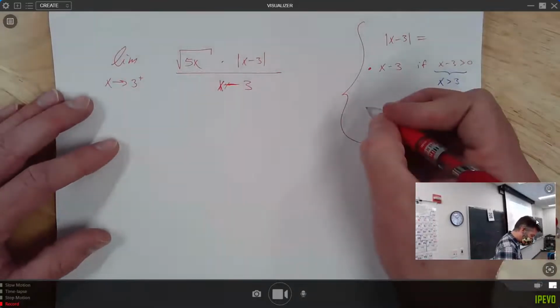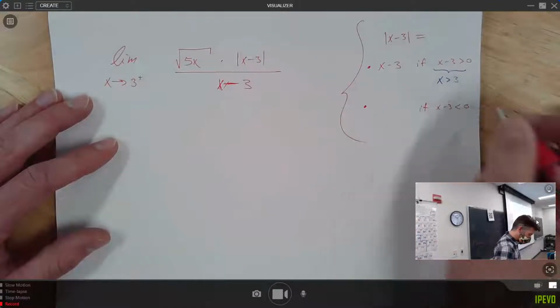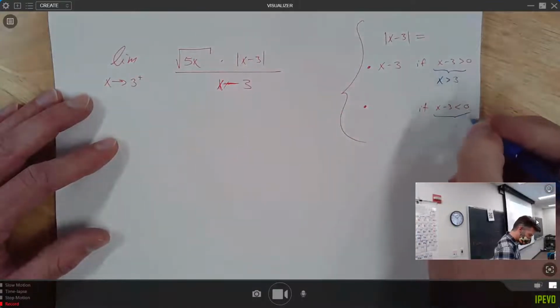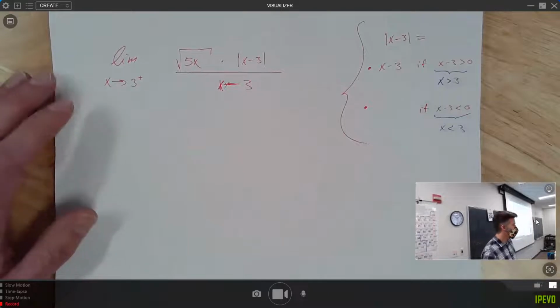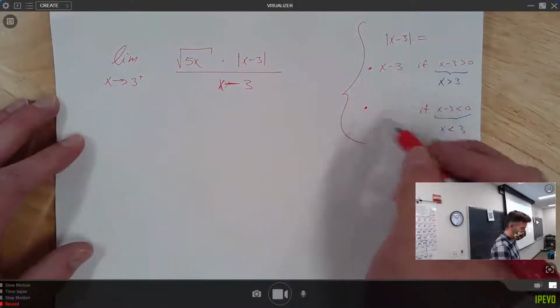But if x is less than 3, or if x minus 3 is less than 0, well, then the absolute value of x minus 3 isn't x minus 3. And what if x was 1? 1 minus 3 is negative 2, and the absolute value of negative 2 is positive 2. We can't just write x minus 3 here.